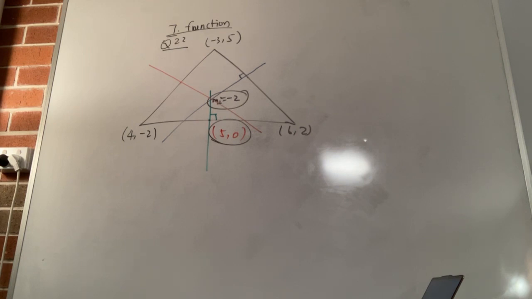The top is y2 minus y1. Are you good? Yeah, I think so. And that will be perpendicular, which is minus 2. Without the 1. The perpendicular gradient.